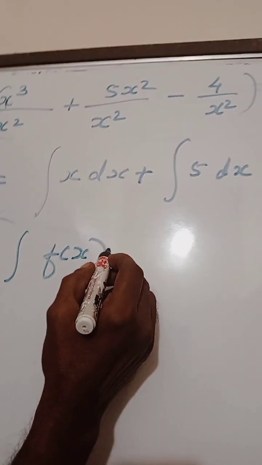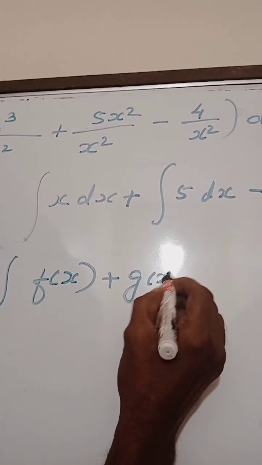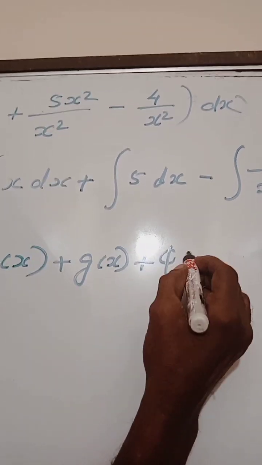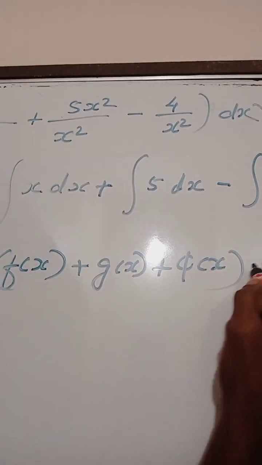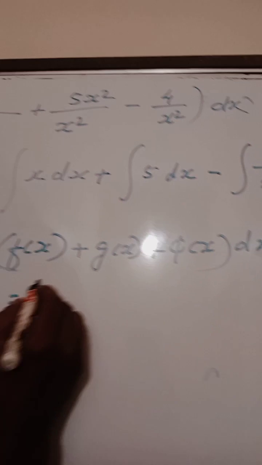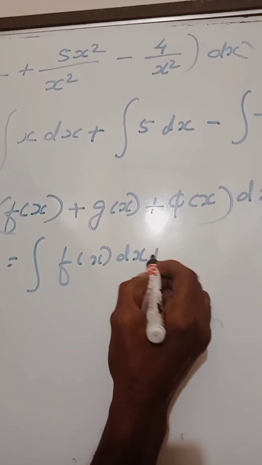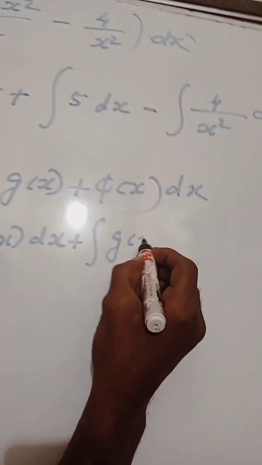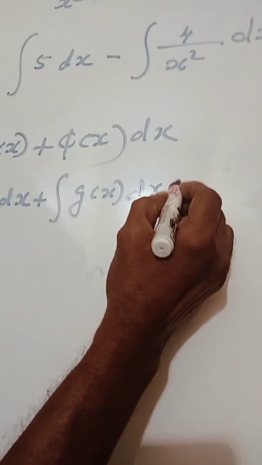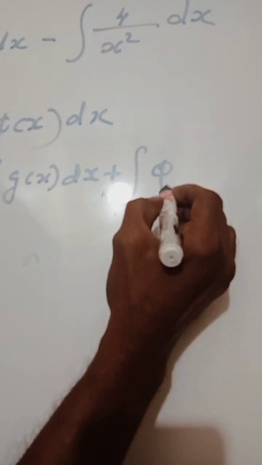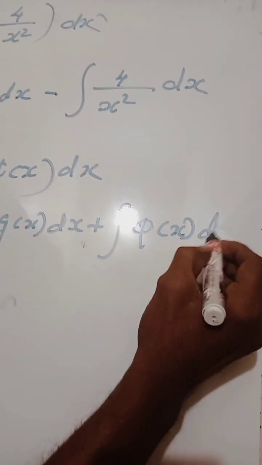Integration of f of x plus g of x plus phi of x the whole of dx is equal to integration of f of x dx plus integration of g of x dx plus integration of phi of x dx.